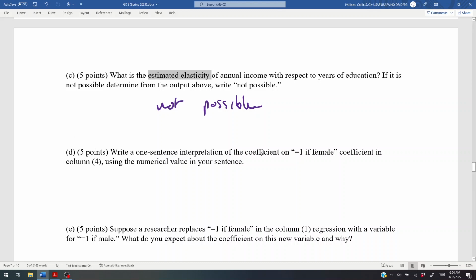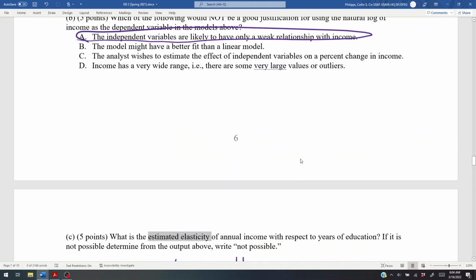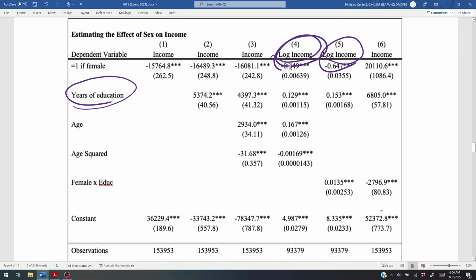Write a one-sentence interpretation of the coefficient on equals 1 if female coefficient in column 4 using the numerical value in your sentence. Column 4, the dummy variable for female. Remember, we're looking at logarithms here. So log income, if log income goes down by 0.01, income goes down by 1%. And what's the value that I have here? 0.449.